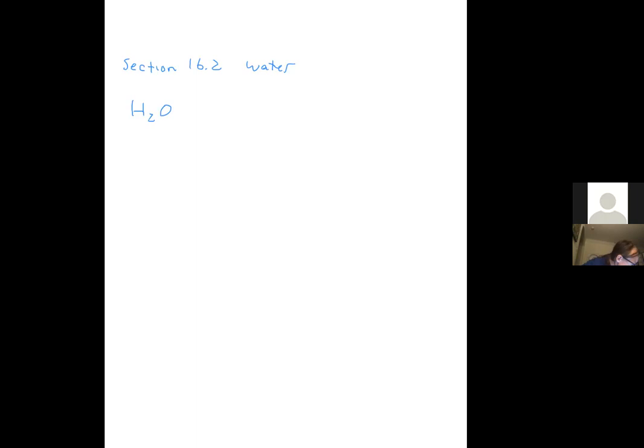So here's what happens. We can write it this way. It doesn't matter which one you pick. I'm just picking this one. One of the water molecules will react with the other by transferring an H plus to the other one. So when you lose the H plus, you get OH minus. So this one's acting as the acid.